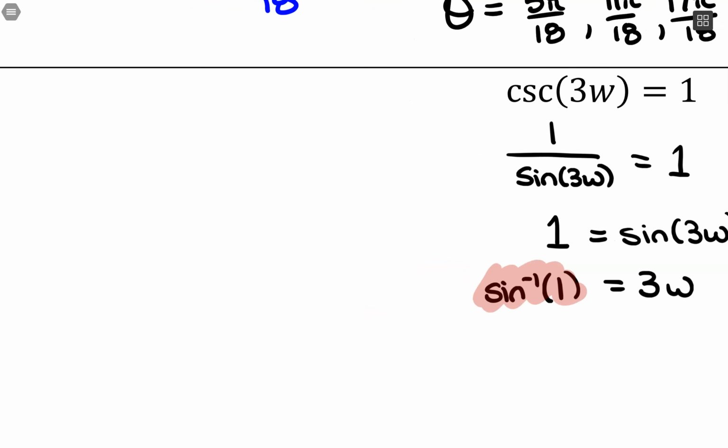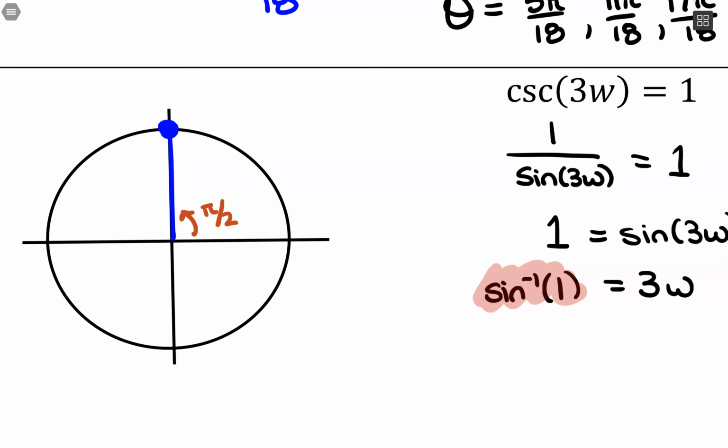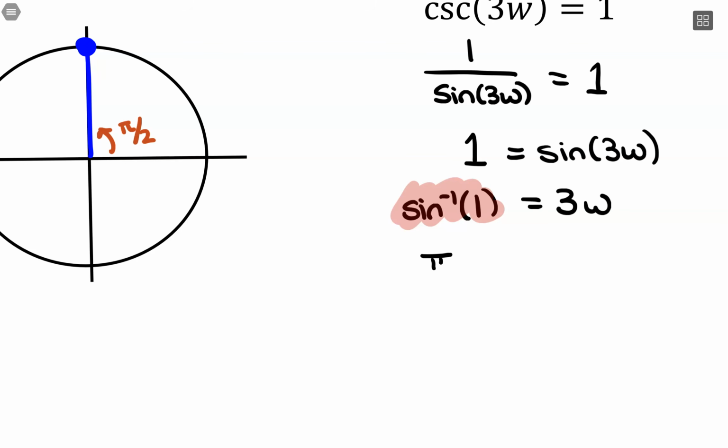So on the unit circle, this is telling me I have a y coordinate of positive 1, which is happening only in one spot, which is at the angle measurement pi over 2. So with that, what I can do is make a substitution of pi over 2 equal to 3w, divide both sides by 3, and I get an angle measurement of pi over 6.